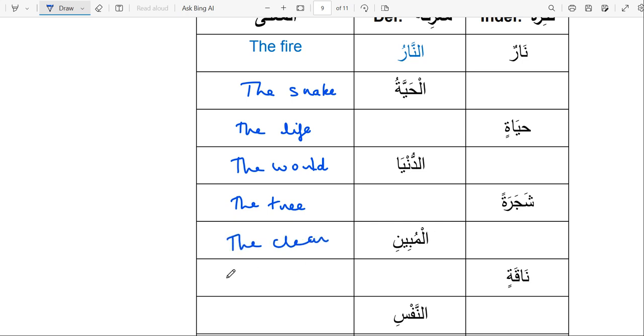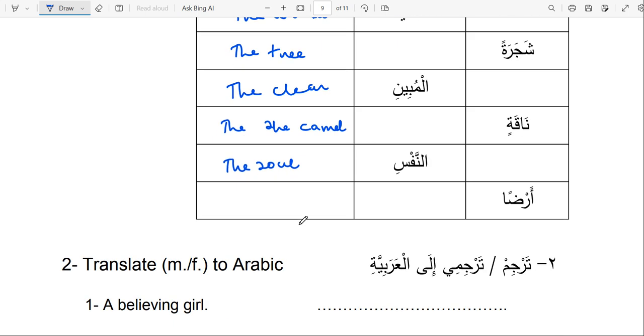And nafs is the soul. Ard, the land. And you can do all this, and the answers will be in the third lesson. And inshallah you can try doing it by yourself and check the answers in the coming video on the third lesson. The second exercise is translation.